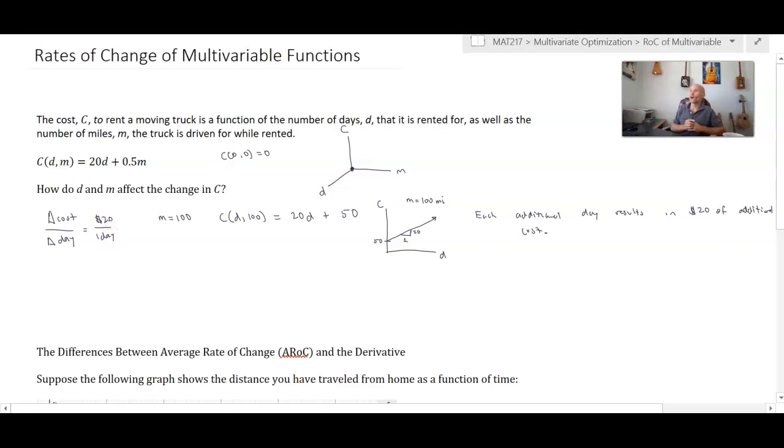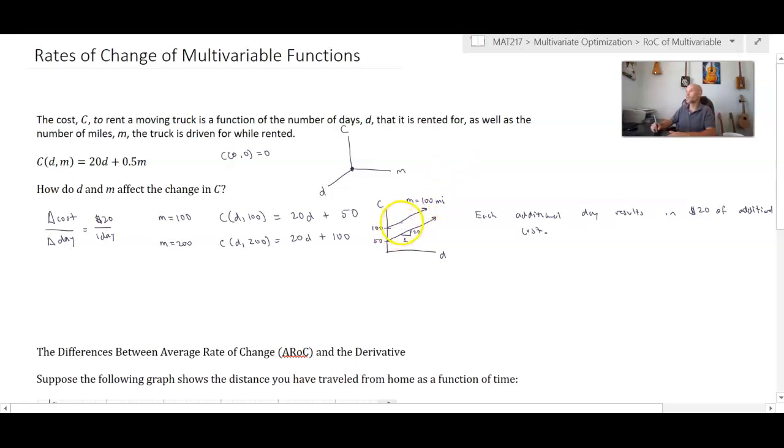Now the value of M that I gave it really didn't matter, because if I consider M equals, let's say, 200, then my cost function becomes C of D comma 200, which is 20D plus 0.5 times 200, which will simply be 100. That's the same function, just shifted up 50 more units, but it has the same slope.